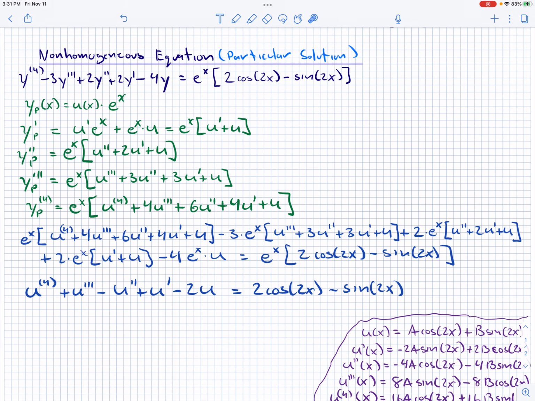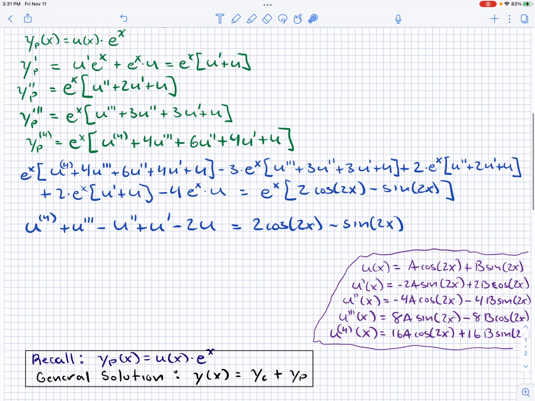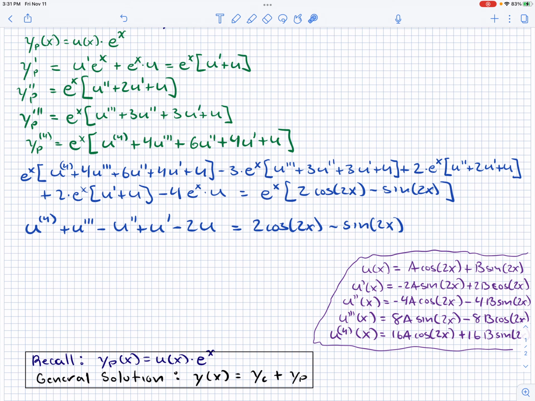and we can now say u of x will look like the form of a constant times cosine 2x plus another constant times sine of 2x to kind of match this right side's form.